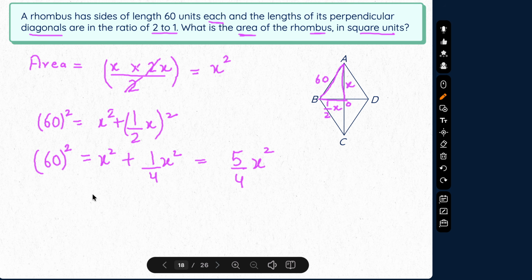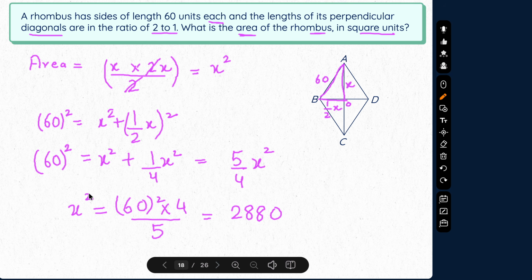If I arrange this equation for x squared, I'll get x squared is equal to 60 squared times 4 over 5, and if I solve this, I'll get the answer 2880, right?